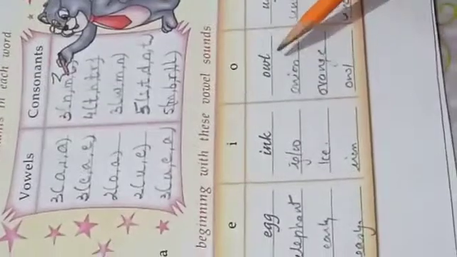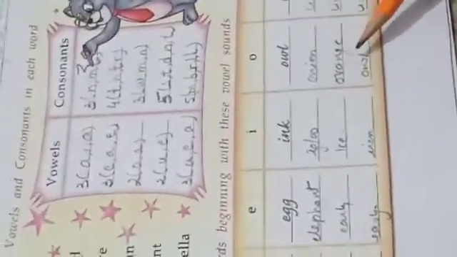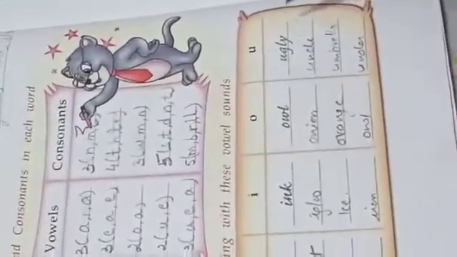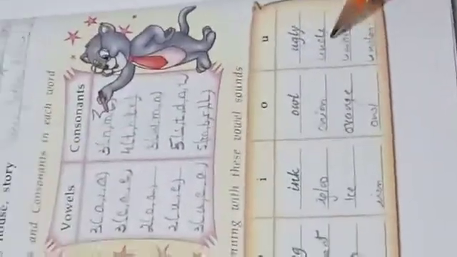Then with O: orange, owl. U: ugly, uncle. You can write your own words also in this.